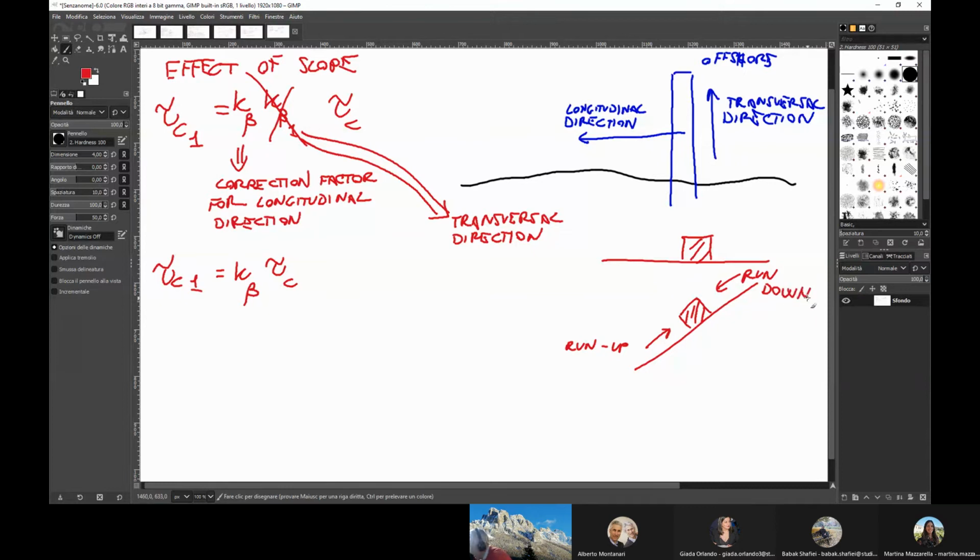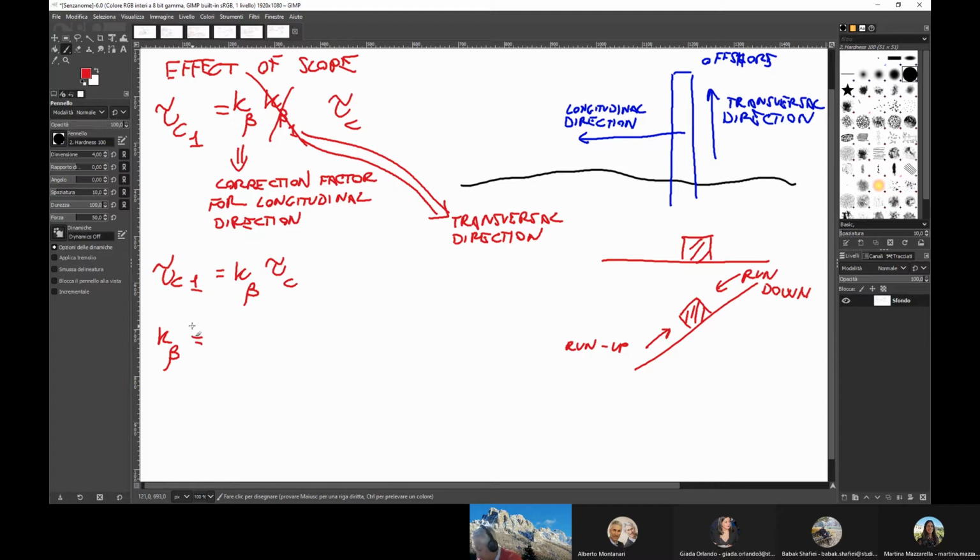So when you work with respect to the run up, the correction should be an increase of tau C1 with respect to tau C. But when you look at the run down, the correction should be a penalty. So tau C1 should decrease with respect to tau C. So let's then give two formulas for the correction factor, K beta.